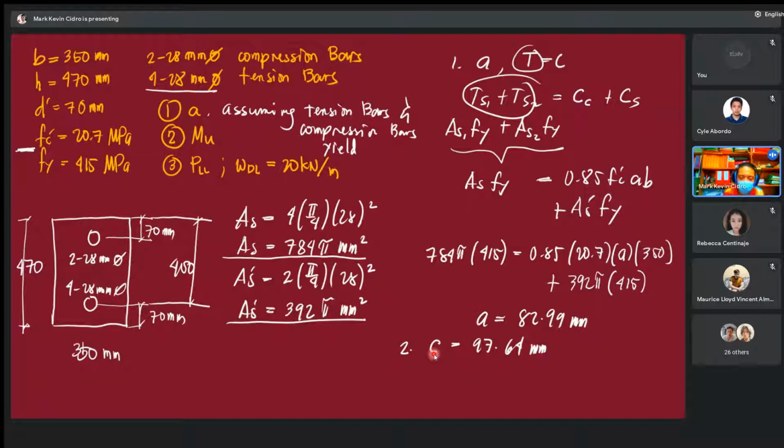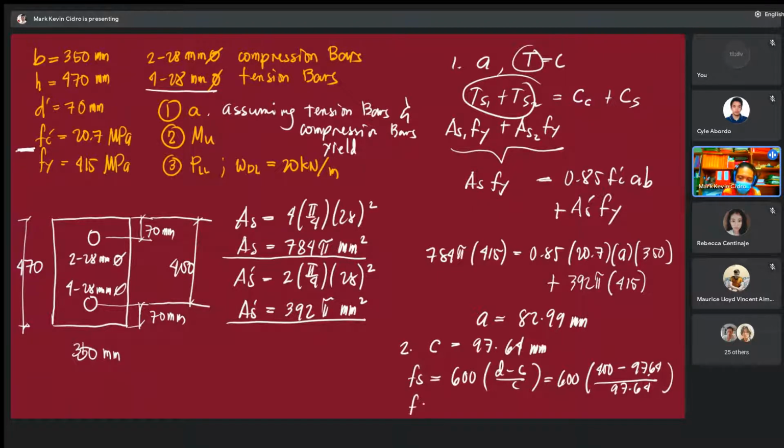So here, you no longer compute C max. Instead, you compute the value of your Fs. Fs is equal to 600 multiplied by D minus C over C. This is equal to 600, your D is 400, and your C is 97.64, all over 97.64.